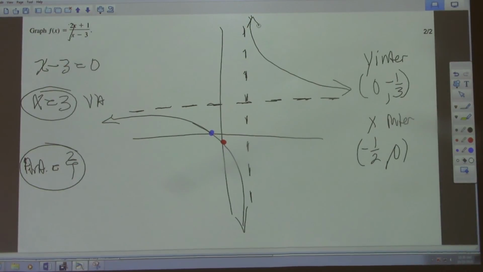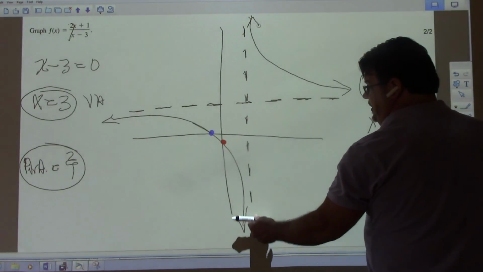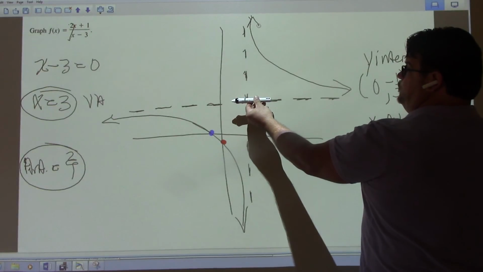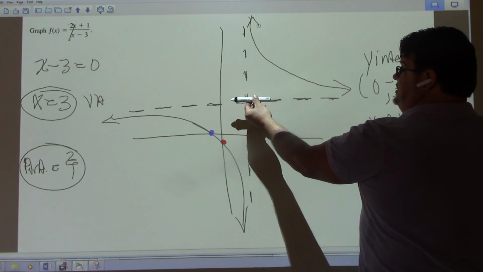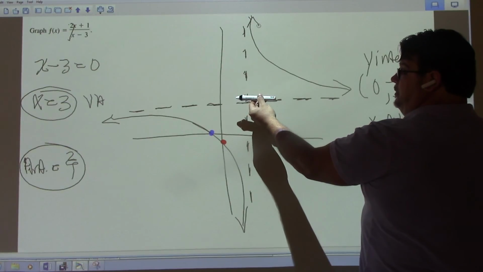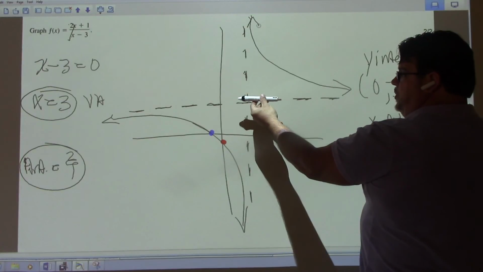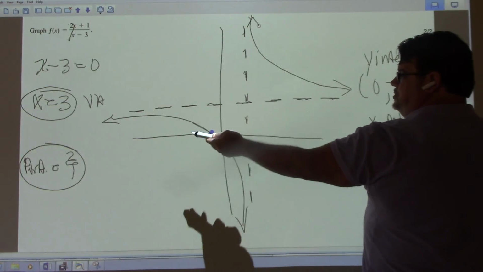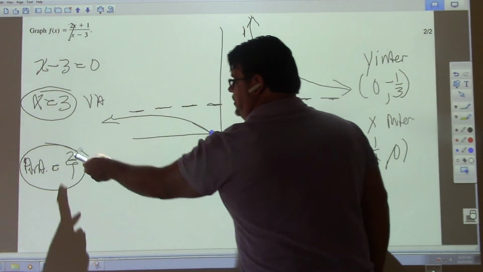Now, what about the domain and range? Well, the range is from negative infinity to what? To 2. Is it inclusive of 2? Yes or no? No, it's not, because you can't touch 2. 2 is the horizontal asymptote.